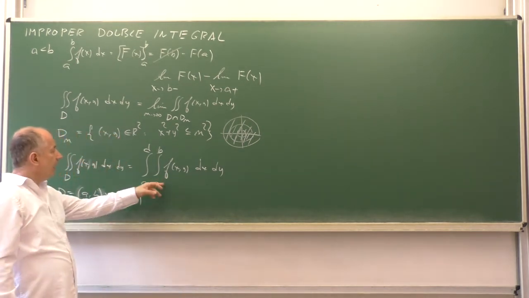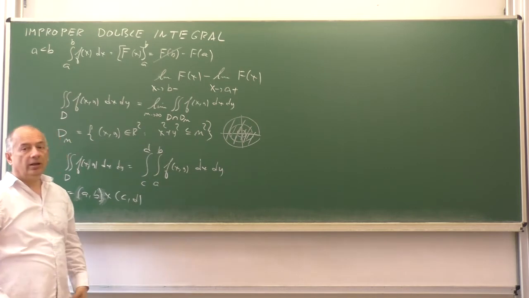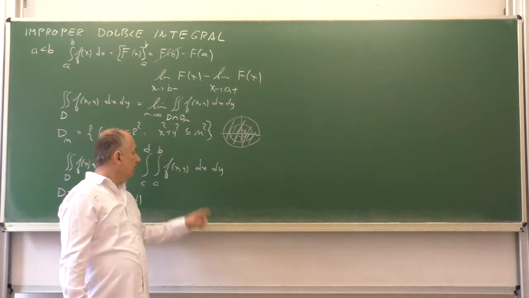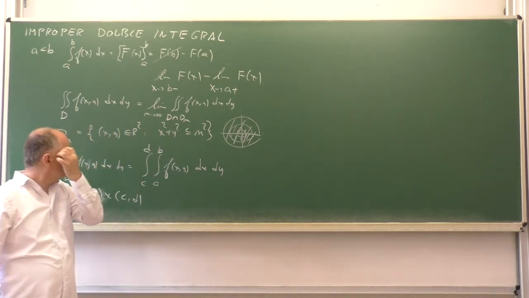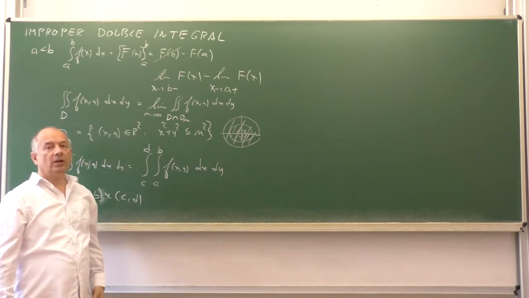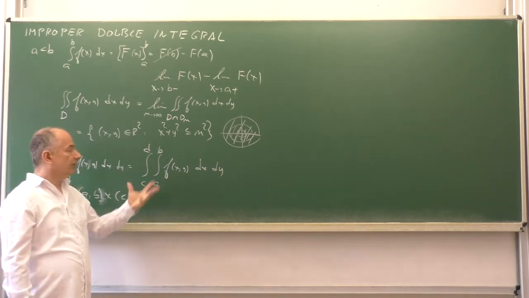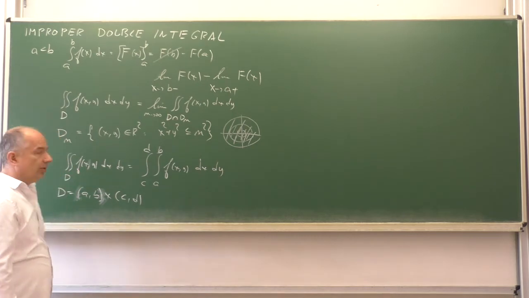And then if a or b or c or d is plus or minus infinity, then we consider the improper integral as a limit, and if it exists, then we say this double integral exists.